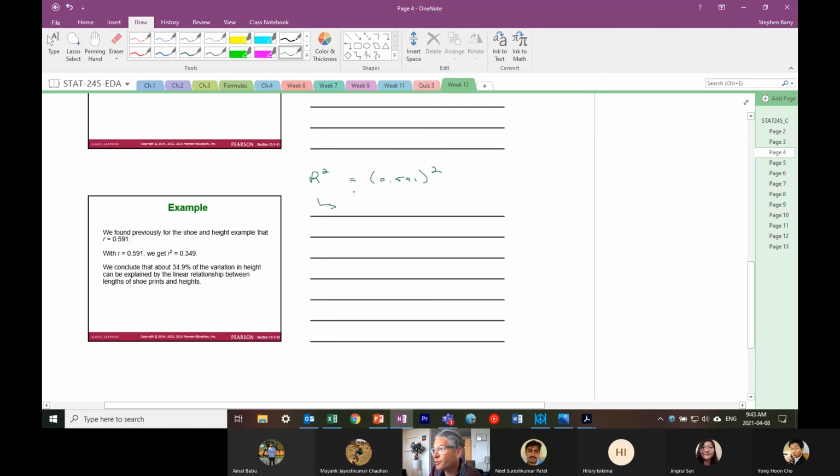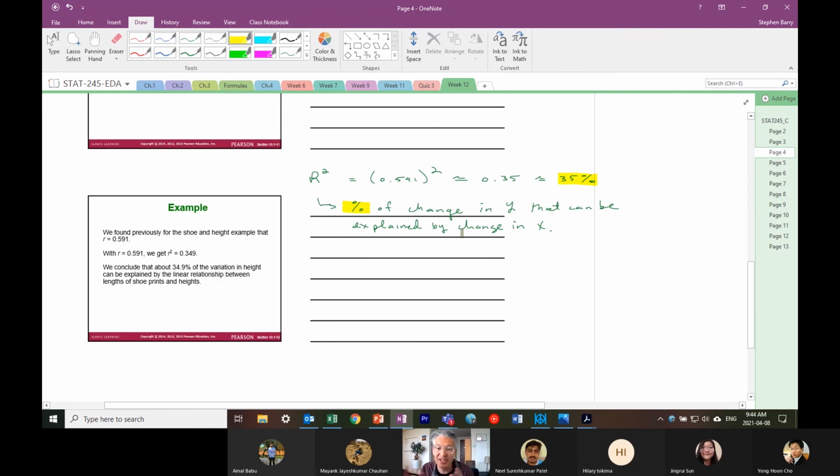But it's going to give you the percent of change in Y that can be explained by X. So in this case, like 0.35, well, times 100, 35% is not a lot, right?